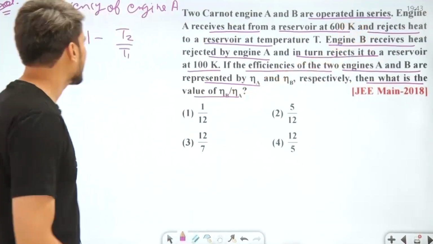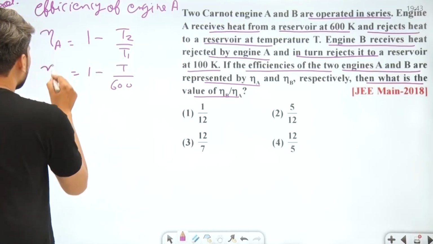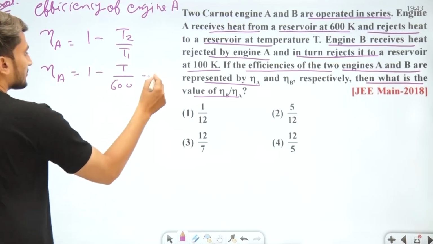So here this one is 1 minus T upon 600. This is eta A. Now this is equation 1.